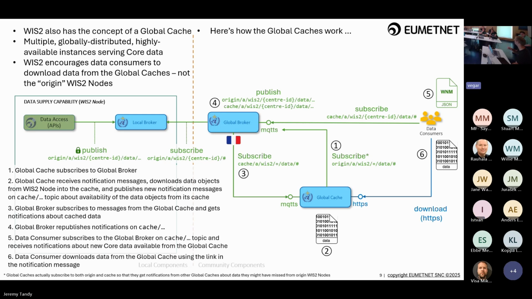So there's some deduplication. I mean, you could just read all the messages and download everything. It would be wasteful. So as a data consumer, you need a tool that allows you to deal with the duplication of messages. And the WIS2 box can also work as a client that has the deduplication mechanisms embedded inside.